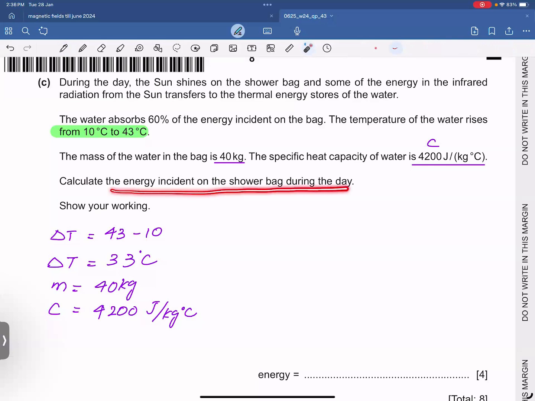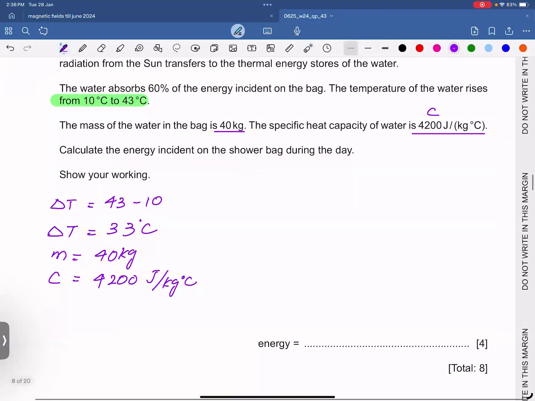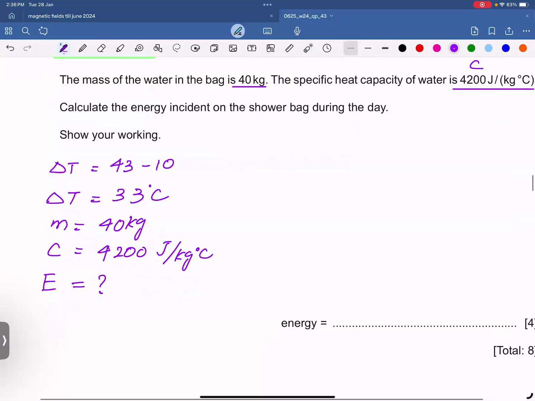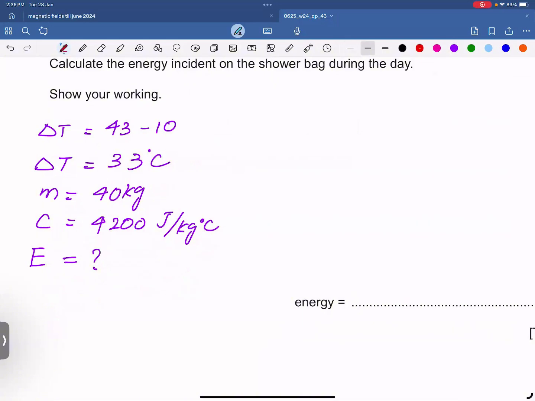Calculate the energy incident. Okay, so first of all, we will find the energy absorbed. You can say E1 or something like that. When you use the equation for specific heat capacity, as I always tell you, learn this way: E absorbed is equal to m c delta T. Substitute the values over here. So you will get E is equal to mass 40, c 4,200, times 33.